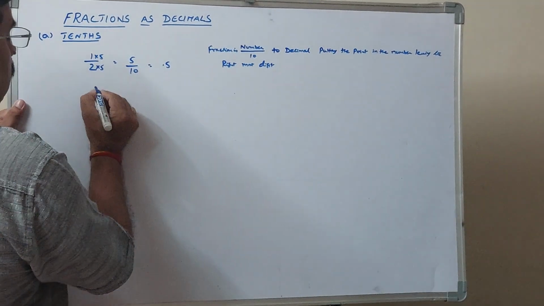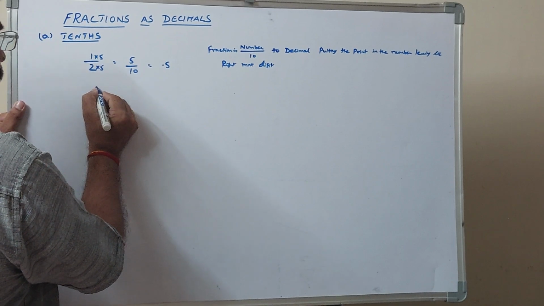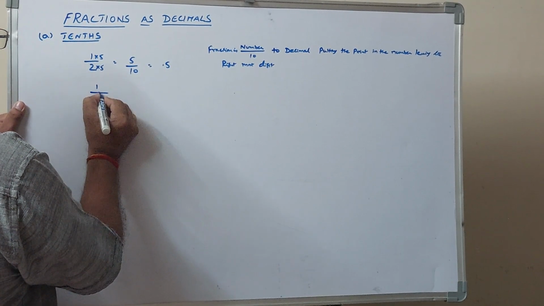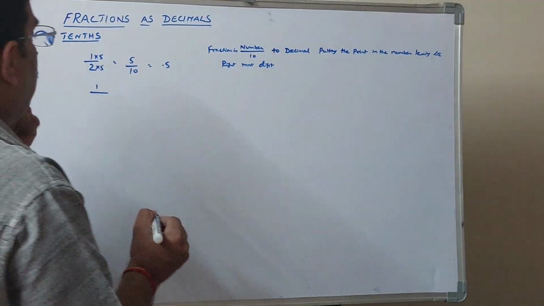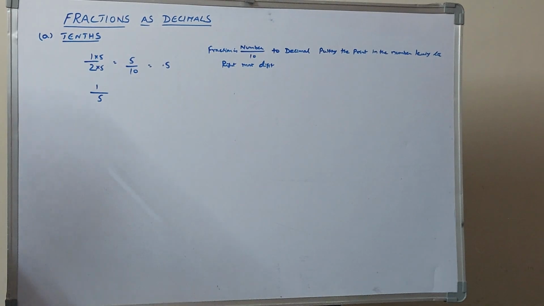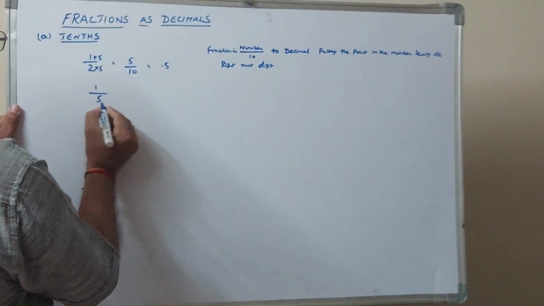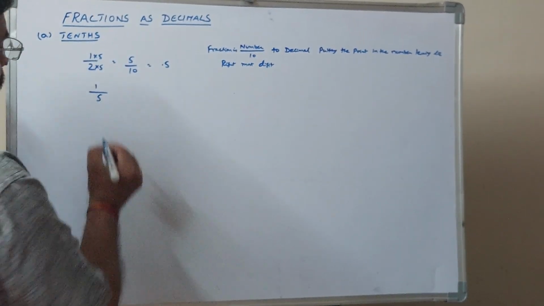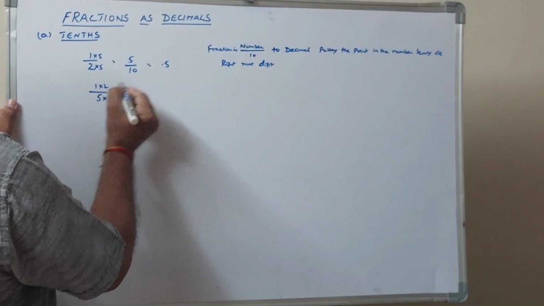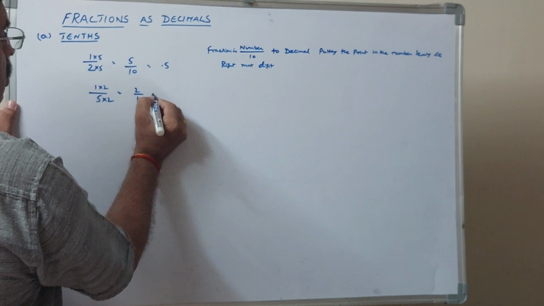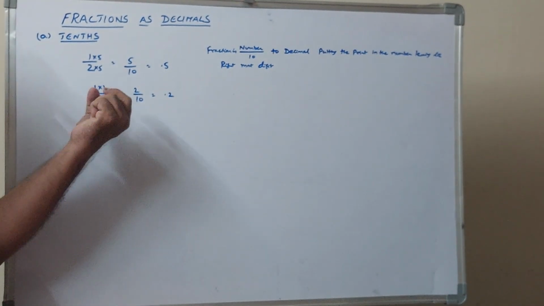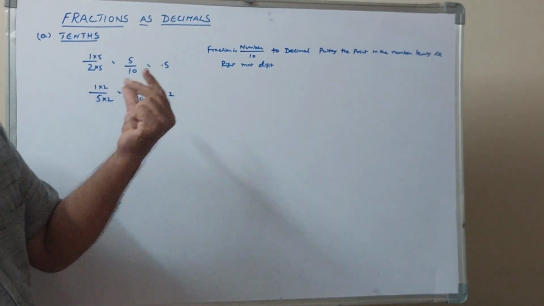If I ask you 1 by 5, how will you do it? You don't have the denominator 10 here. So you have to multiply with 2 on top and bottom, making it 2 by 10, that is equal to 0.2. Like this you have to convert the fractions into decimals.